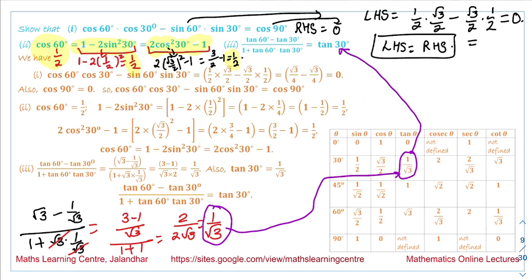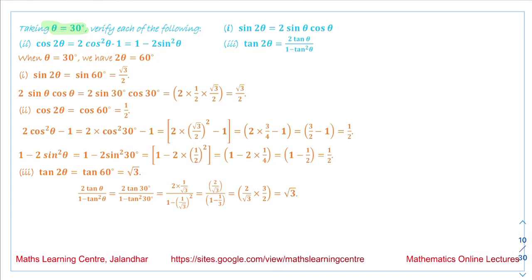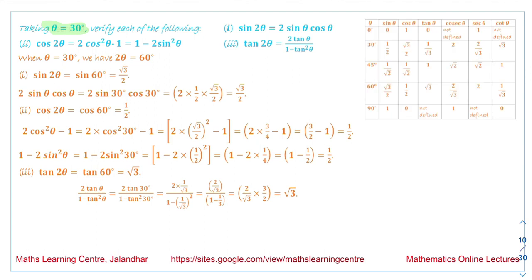Now in this next question, it is given that taking theta equal to 30 degree, we have to verify the following equalities. So again, we are talking about the values from the table. If we put theta equal to 30 degree in this first equation, it is sine of 2 times 30. We have to calculate the LHS.